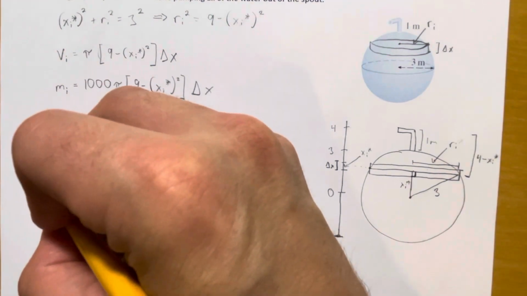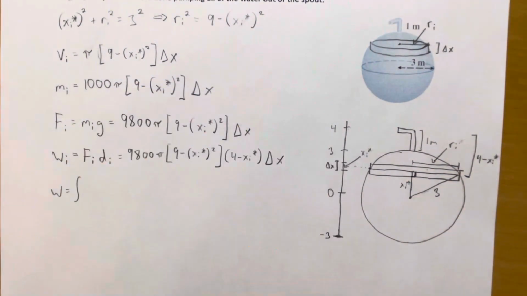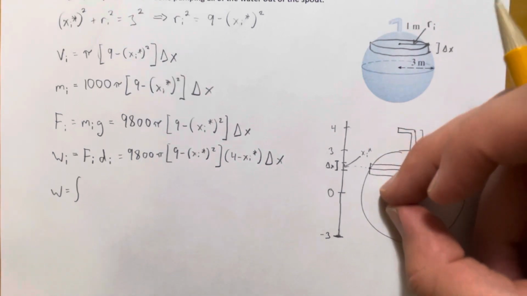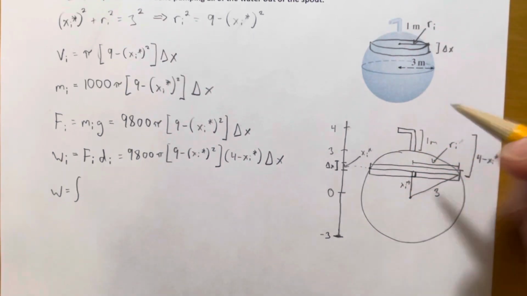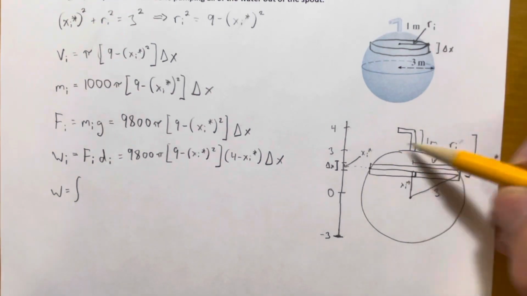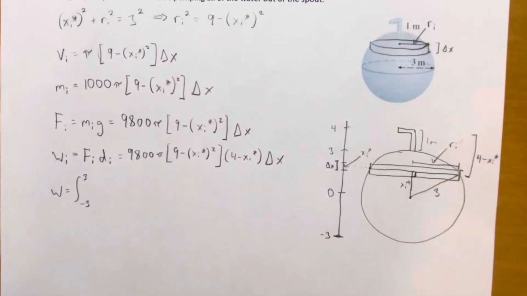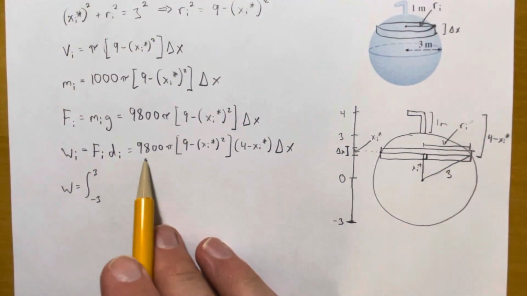So I know that the work done is going to be a definite integral because that's what the limit of that Riemann sum is going to turn into. What are my limits of integration? Well, these slices of water, these subintervals that I'm creating, only live between -3 and +3, because that's where the tank is. So that's going to be this, -3 to +3. And then my function is going to come from this.